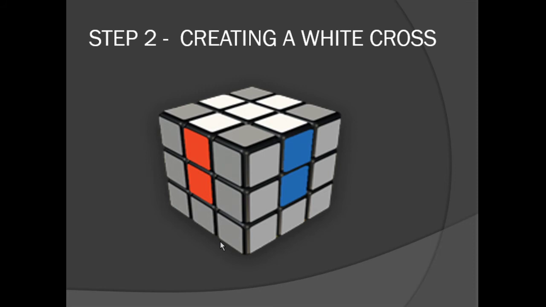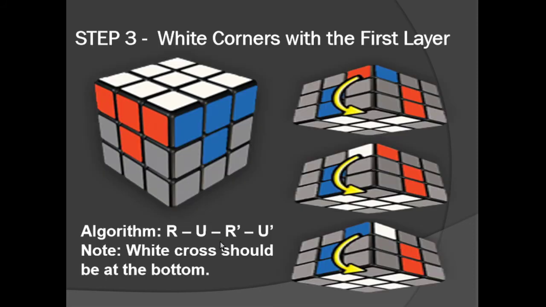Next, for step 3, we are going to use an algorithm for solving the white corners of the first layer. The algorithm to be used is R, U, R prime, and then U prime.